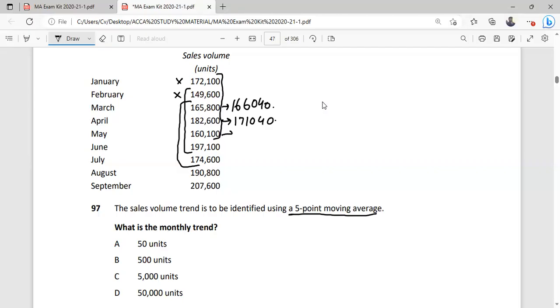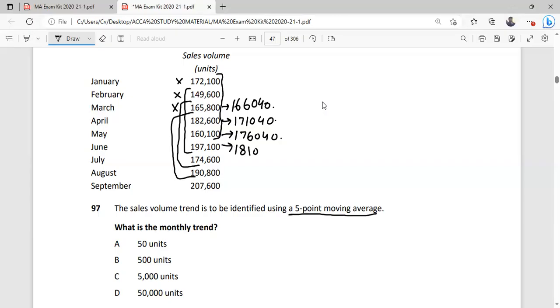So now you have average value here, 176,040. Then you will exclude this March and you will add up this one till August. Add up all these values and then divide, starting from 182,600, 160,100, 197,100, 174,600, and 190,800, and the middle month of these values is this one.